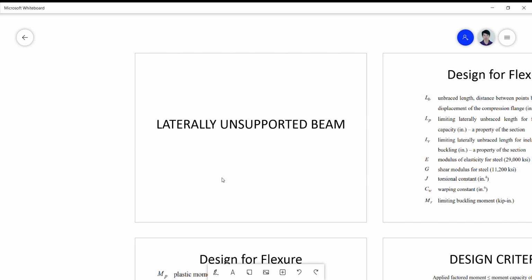So let's now study the analysis for laterally unsupported beams.